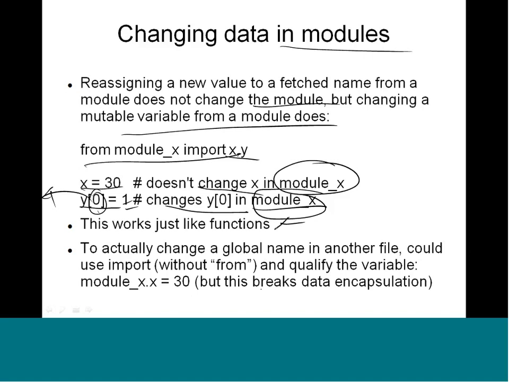So this is exactly like functions. To actually change a global name in another file, we could use import without the from and qualify the variable. But again, this breaks data encapsulation, because now we say module X dot X is 30, and any kind of object encapsulation that the module provides is completely gone.